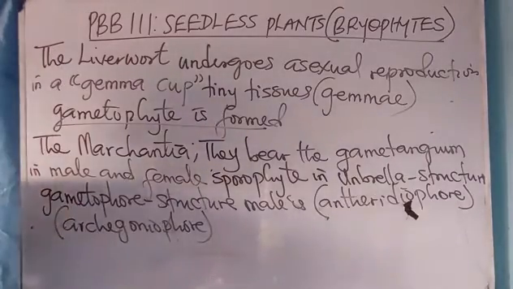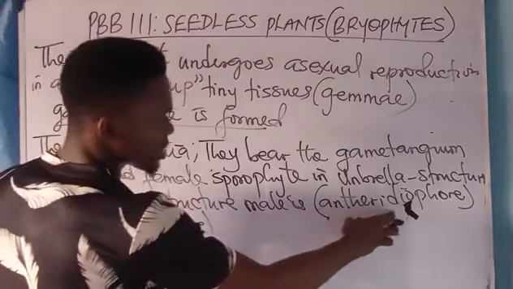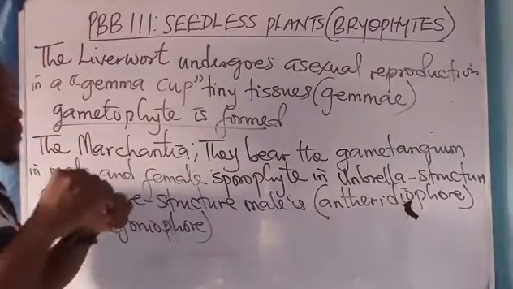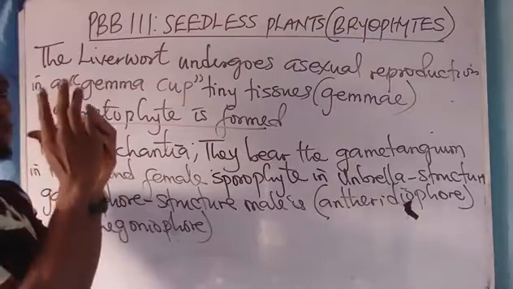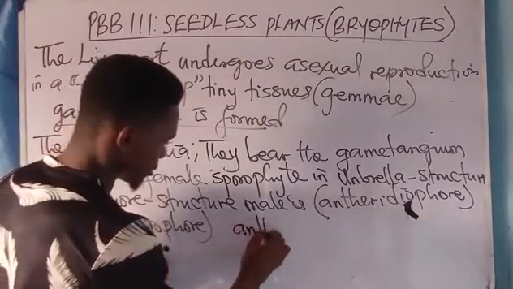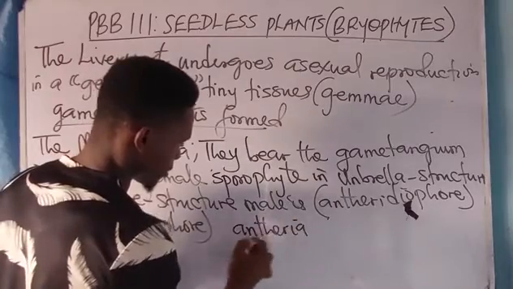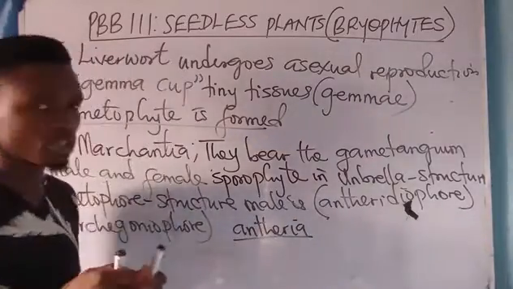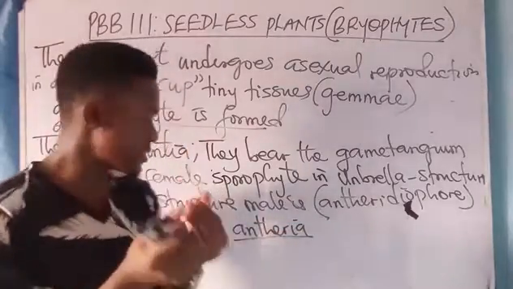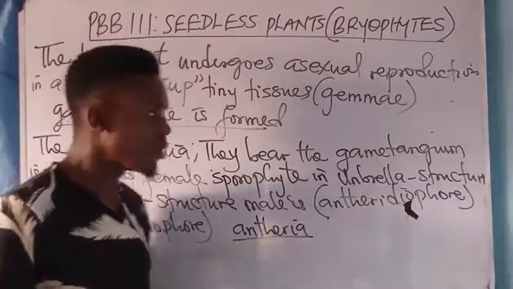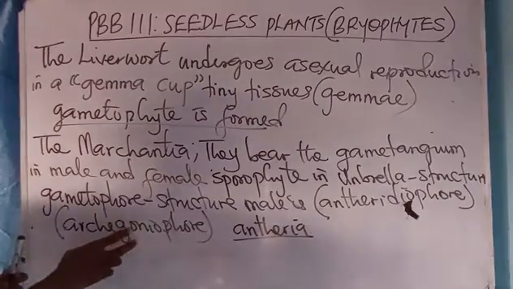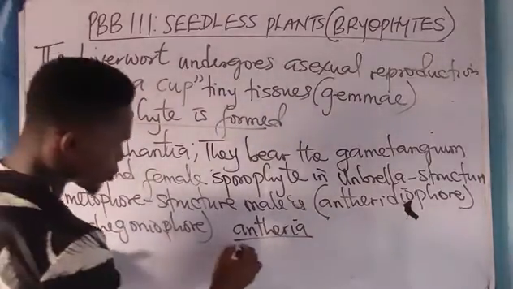Now, this antheridiophore possesses a cup-shaped structure called what? Antheridia. Please, the cup-shaped structure that this antheridiophore possesses is called what? Antheridia. While the disc-shaped structure that this archegoniophore possesses is called what?